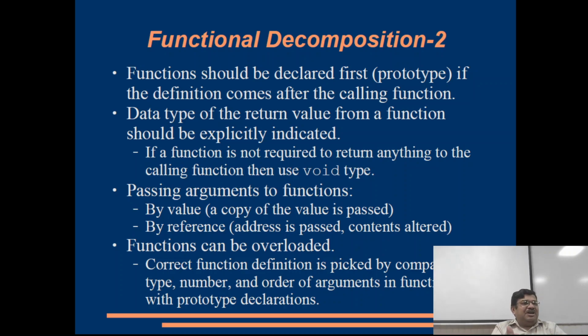For example, a little while back I mentioned that if I have the declaration int add(int, int), and then if I call add with two float arguments, that would flag an error. Now I can have different declarations. I can also have float add(float, float), right?